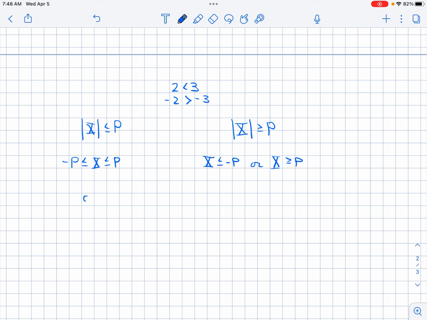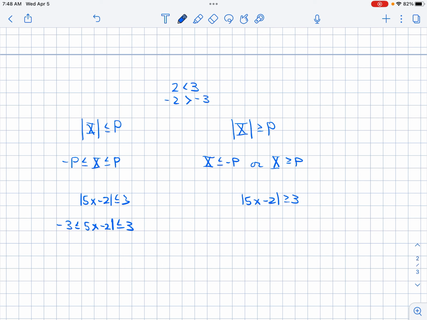So 5x minus 2 less than or equal to 3, this would be negative 3. Okay. 5x minus 2 greater than or equal to 3.